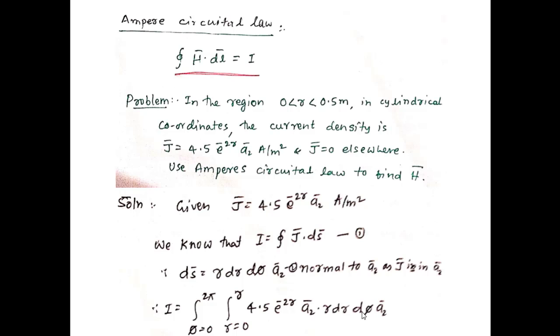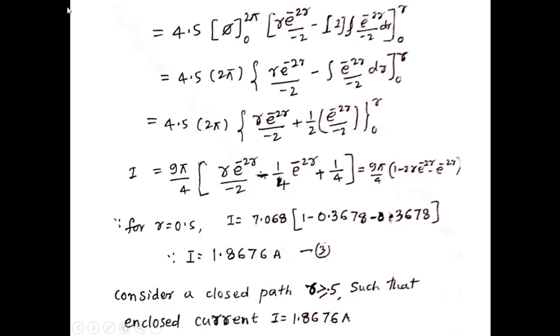Then if we integrate, we get 4.5 times the integration of d phi, which is phi, limit 0 to 2 pi, and the integration of r into e raised to minus 2r, where r is constant: integration of e raised to minus 2r is e raised to minus 2r by minus 2, minus the differentiation of r, which is 1, times again the integration of e raised to minus 2r by minus 2.